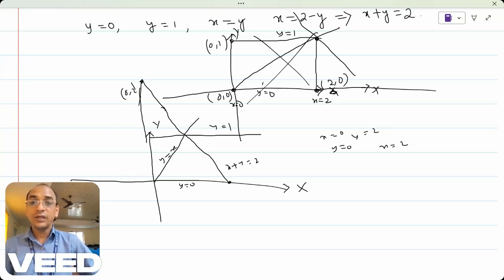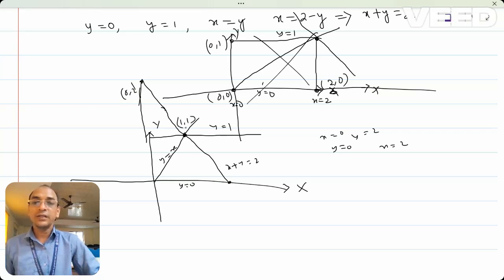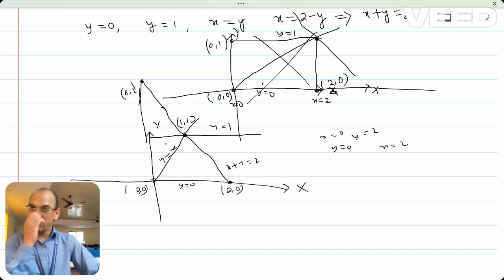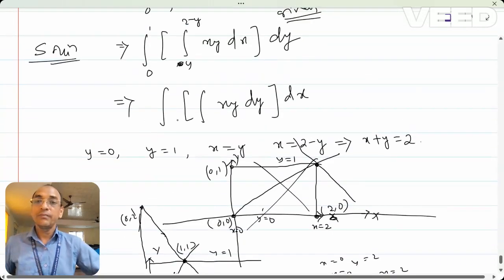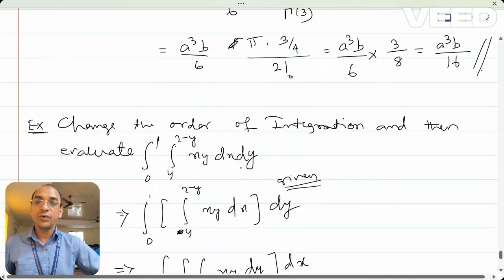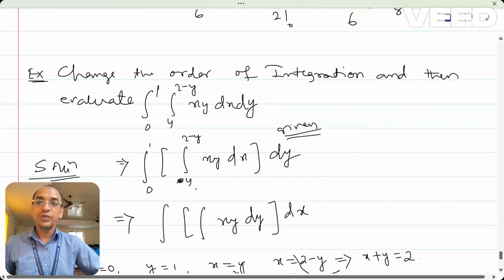This point we know that y equal to x, so y is 1, x is 1. This point is 2 comma 0, and this point is 0 comma 0. Now in the original question I have the limits of y from 0 to 1.